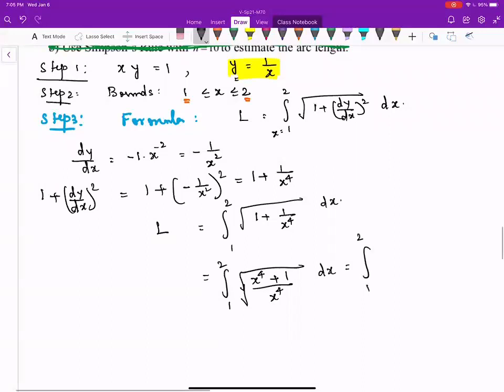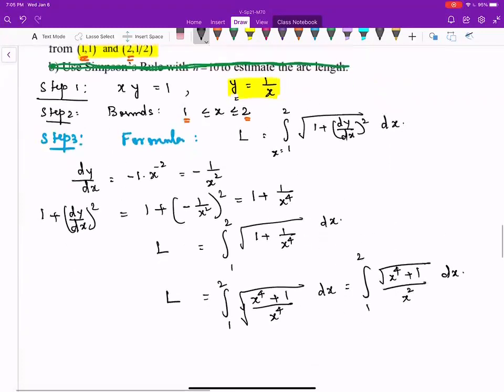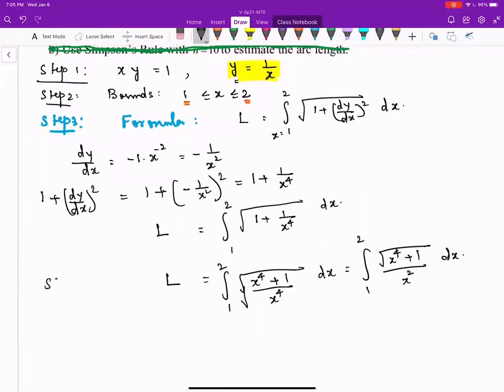Then we can write this as integral 1 to 2, square root of x to the power 4 plus 1 divided by square root of x to the power 4, which is x squared, dx. So that is the expression for the integral. It only says to set up an integral. So the setup of the integral is this.